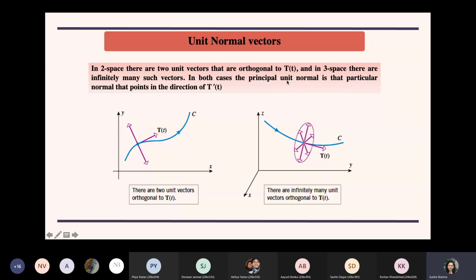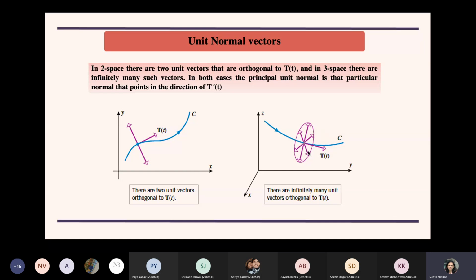Although you're not required to specifically check this or find this out, you will automatically be getting it from the formula that N(t) is T dash(t) divided by the norm of T dash. But this is just for your understanding that you can have more than one vector which is orthogonal to the tangent vector. Which one to take will depend on the direction of T dash.